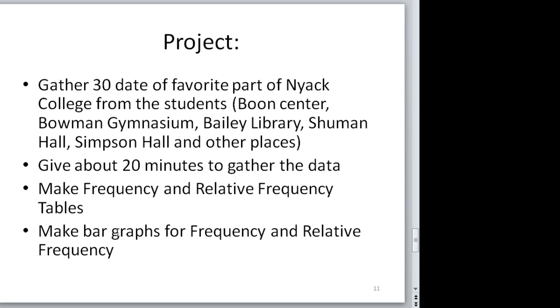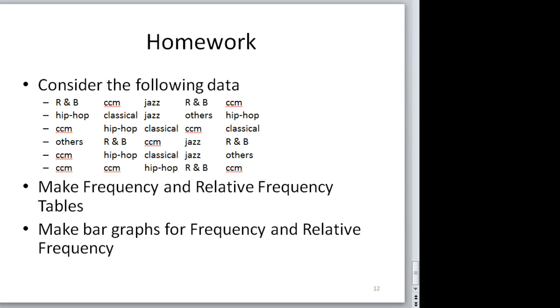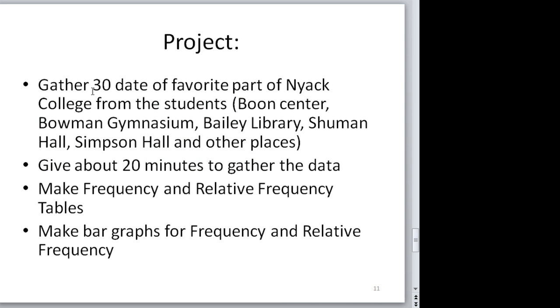So you can put that in the Dropbox before October 6th, right? Before October 6th. Now, if you have to gather 30 data from Nile College students, get this, and set up these 2 tables and 2 graphs.